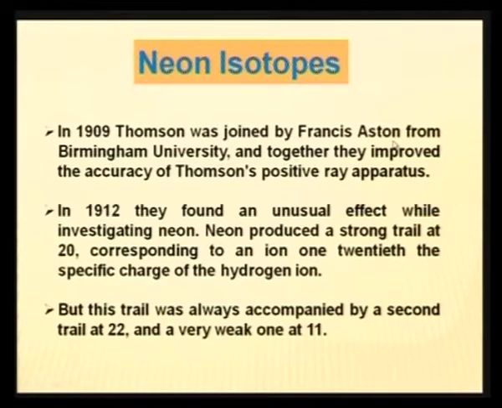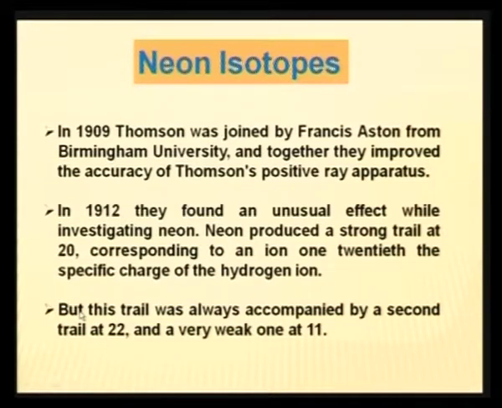Aston joined Thomson at Birmingham University. Together they improved the accuracy of Thomson's positive ray apparatus. They investigated neon. The important point is that neon has a mass of 20, and there is another trail for neon.